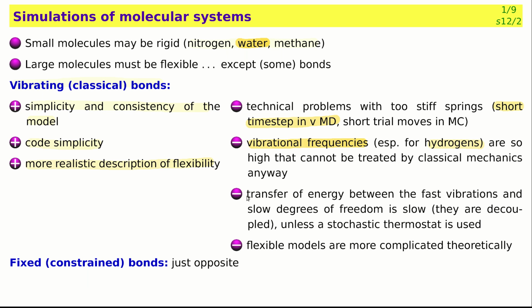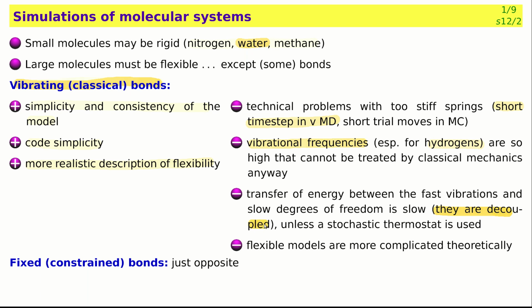And from the technical point of view, if we have very fast vibrations, and if we had vibrating bonds, then the transfer of energy between these fast vibrations and the other, important, slower degrees of freedom, let us say conformational changes, is very slow. We say that these motions are decoupled.